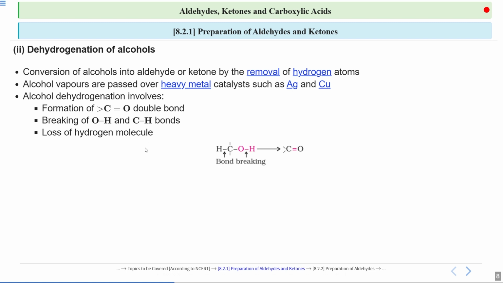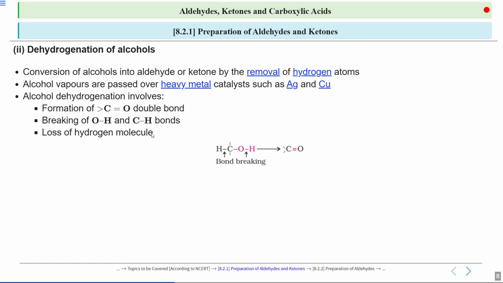As I told you, in the case of dehydrogenation of alcohol, there is breaking of the carbon hydrogen bond and the oxygen hydrogen bond. If I explain this in simple words, see over here, this carbon hydrogen bond is breaking. That means this carbon is left alone.